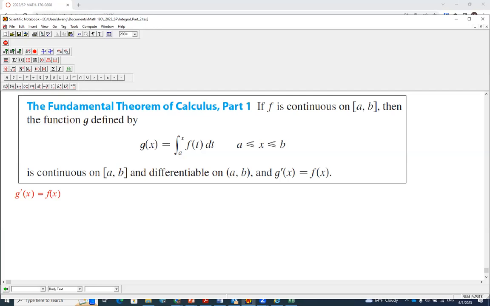Please look up the definition of antiderivative. I'm going to bring that definition from the textbook directly to you. It should be in section 4.9, where we introduced the definition of antiderivative.